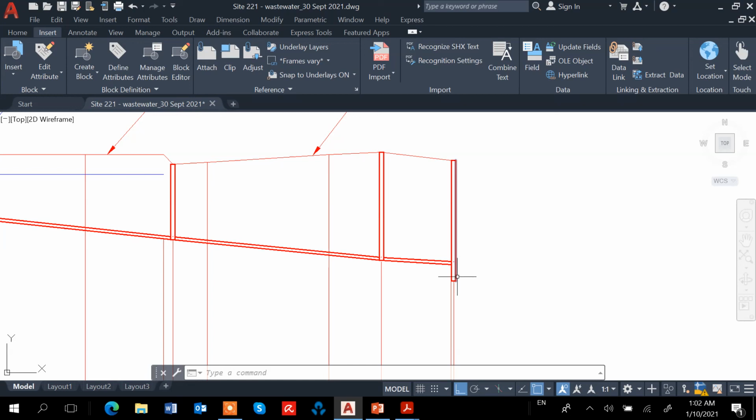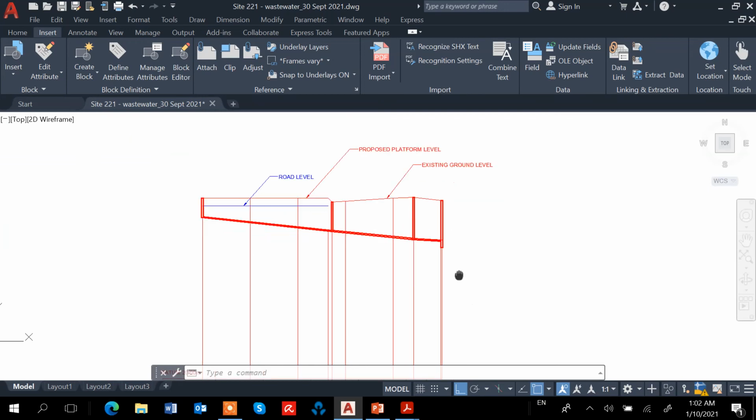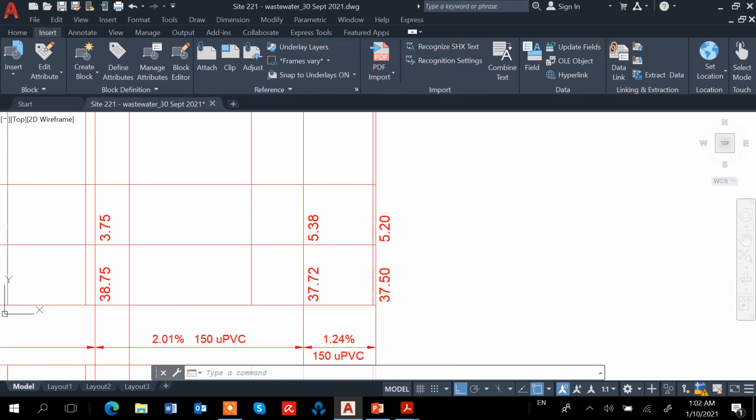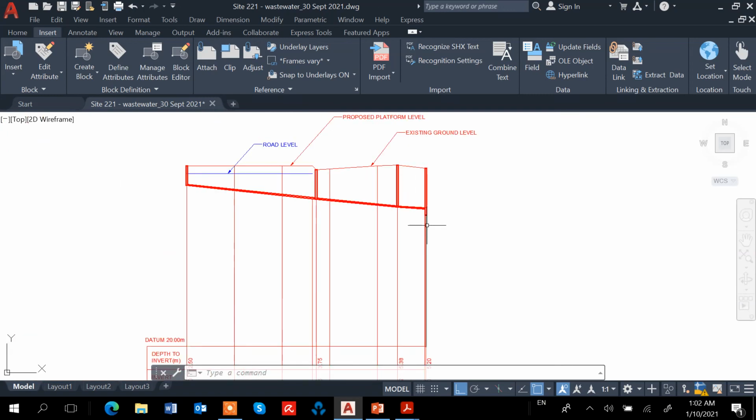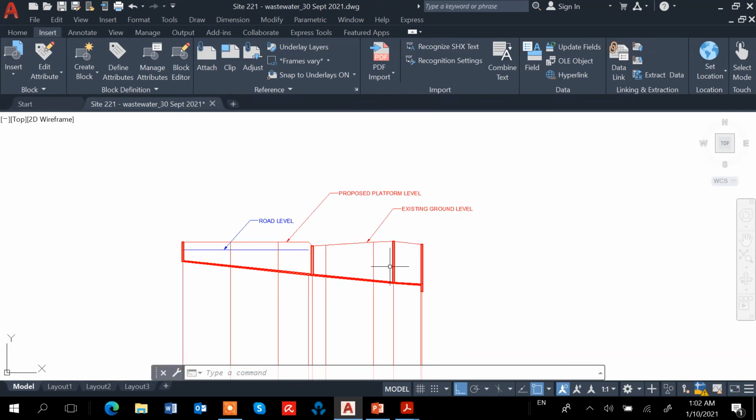I don't know the depth of the manhole, but we know that it's going to discharge at the point of 37.5. So that's all about the sewer line, the wastewater pipes.